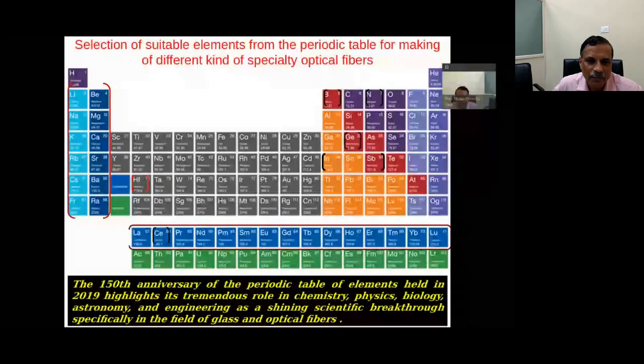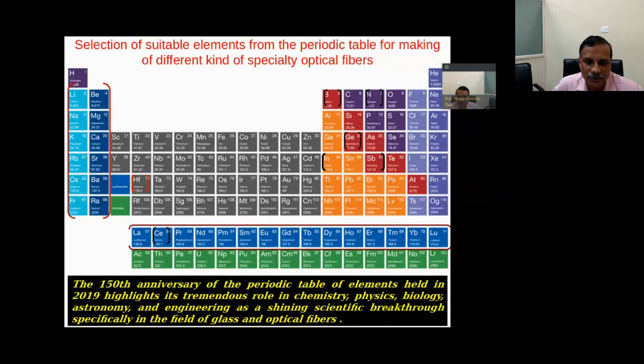If you see our periodic table, almost all of the elements have been used till now for making specialty optical fiber for enhancement of their spectroscopic property from the viewpoint of high power laser and optical amplifier. The 150th anniversary of the periodic table of the elements, held in 2019, highlighted the tremendous role of these elements in chemistry, physics, biology, astronomy, engineering as a shining scientific breakthrough, significantly in the field of glass and optical fiber.